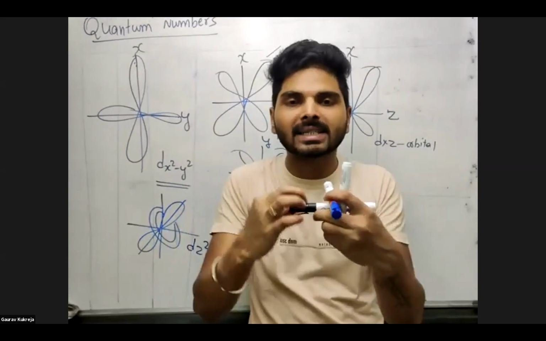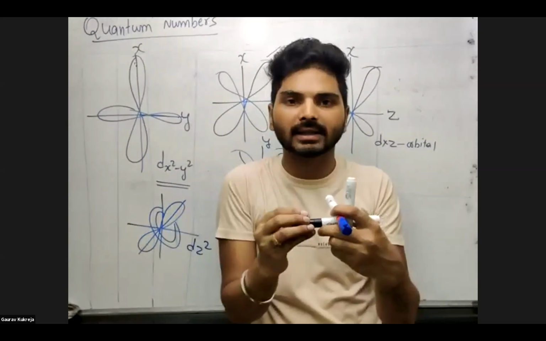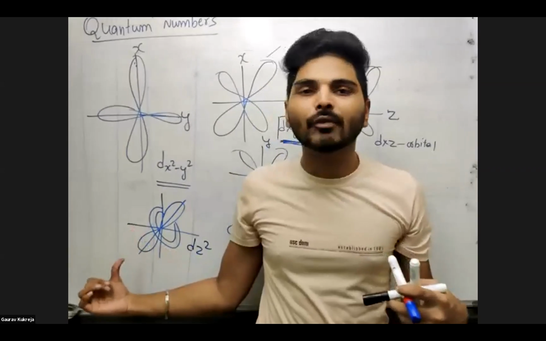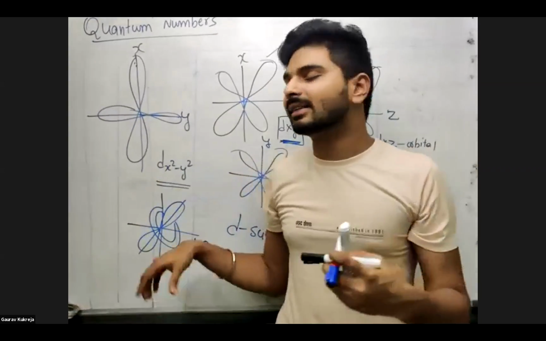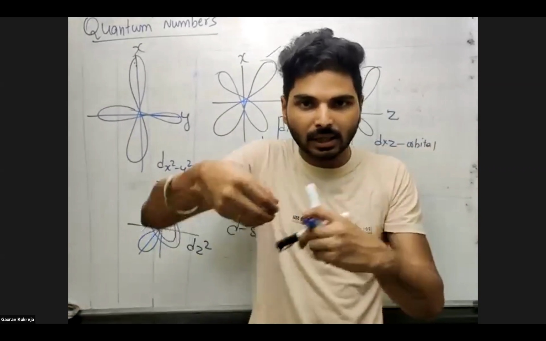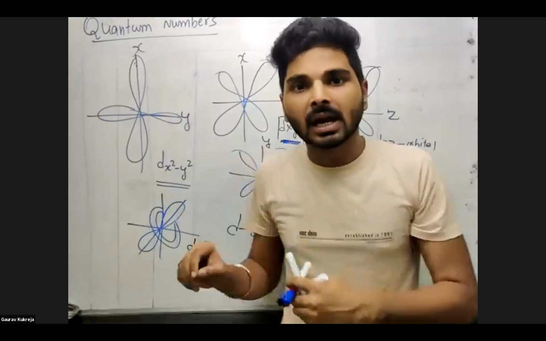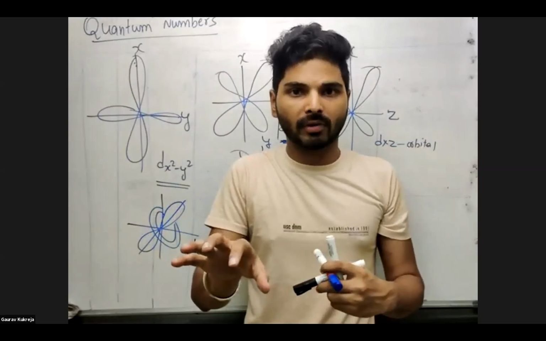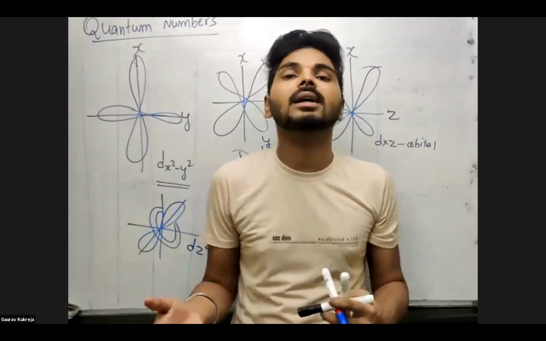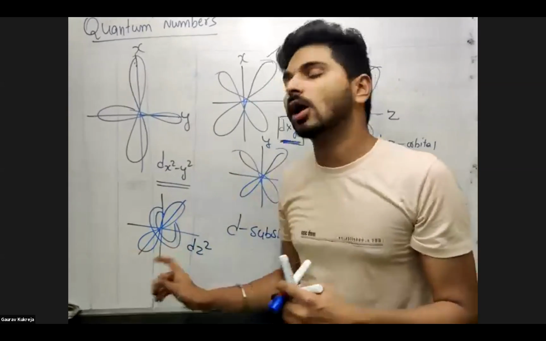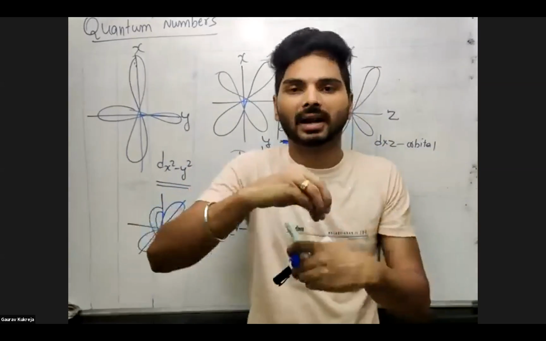And for dz what we do, we consider that empty space in a circular tube-like empty space, and there also electrons will be revolving. Which electron will be revolving? The dz orbital's electron will keep revolving there.